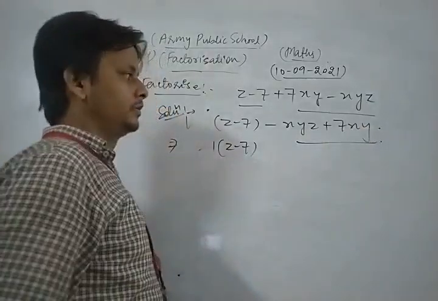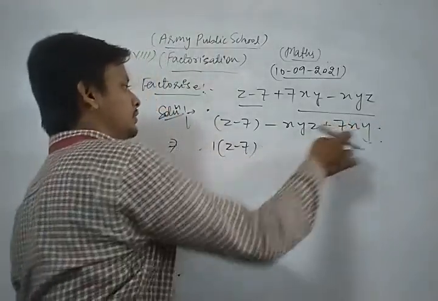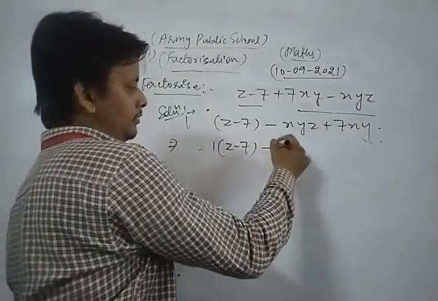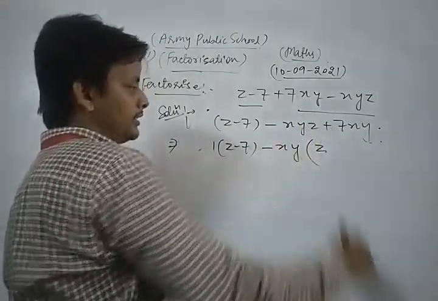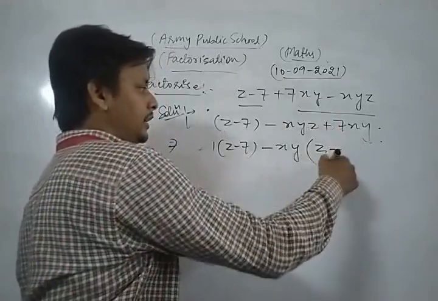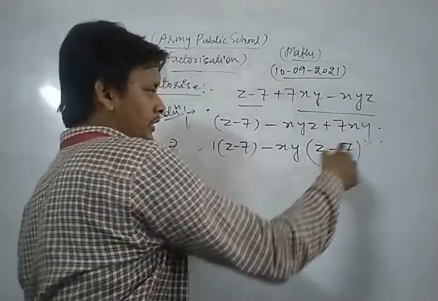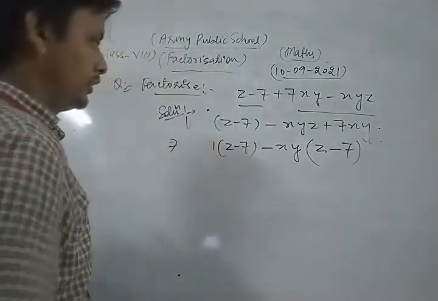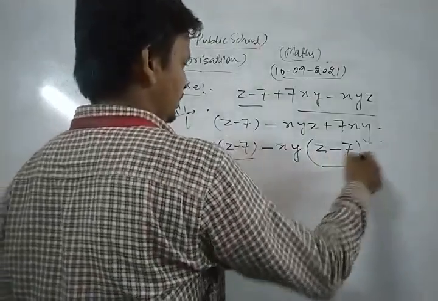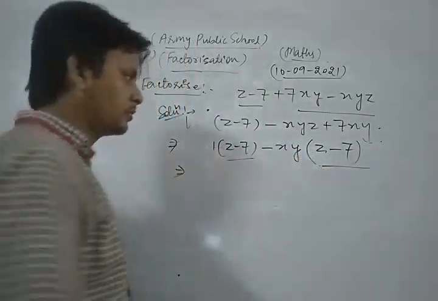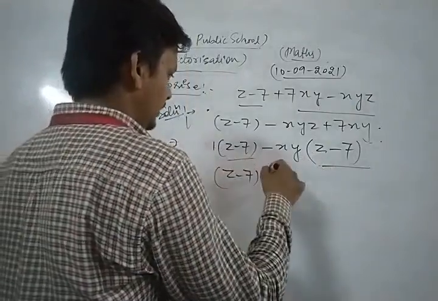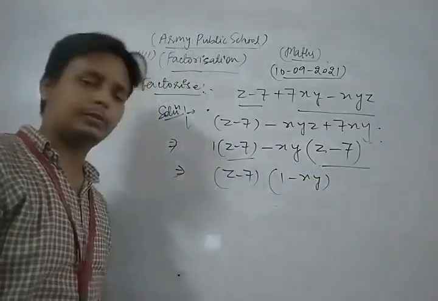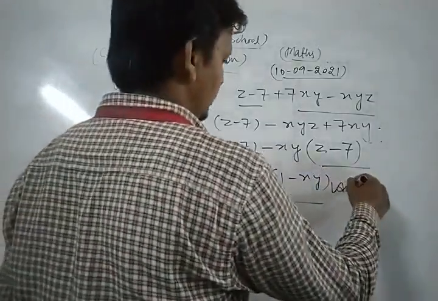From the other two terms we take minus xy as common, so we get z, and minus 7 is left. Okay, so dear student, look, z minus 7 is the same, so we take z minus 7 as common, and here we get 1 minus xy left. So this is the required solution of the given question.